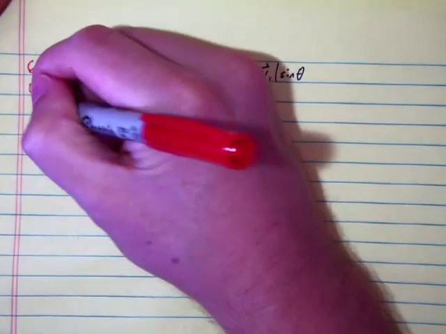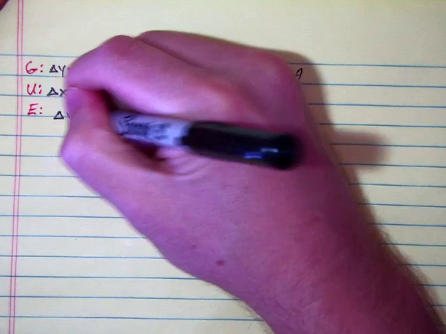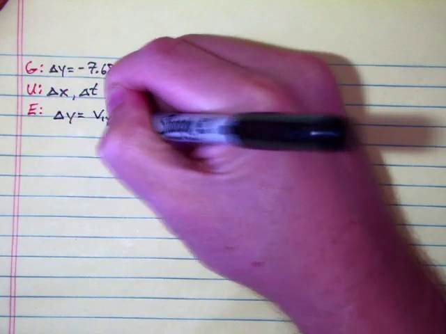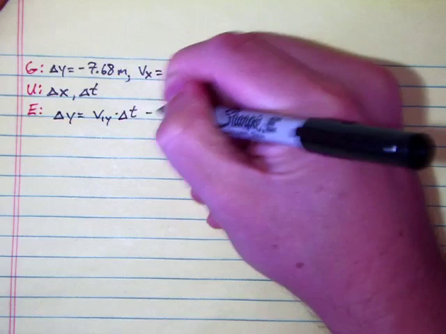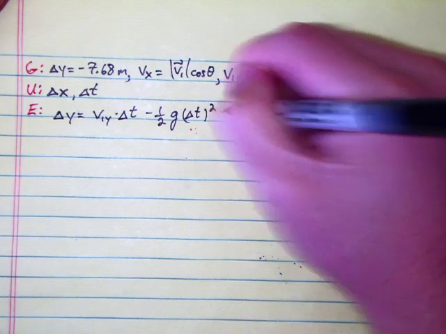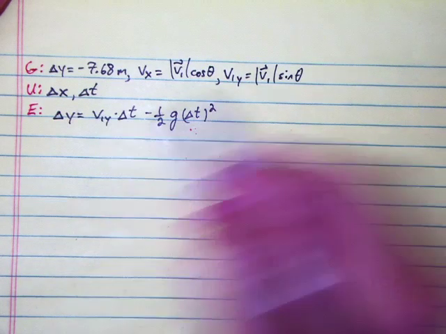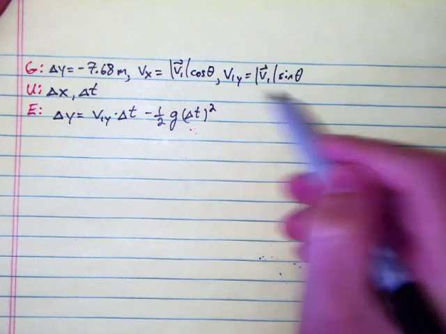So our equation here will be delta y equals v1, y component, delta t, minus 1/2 g delta t squared. For v1y, we can put in this information that is given.